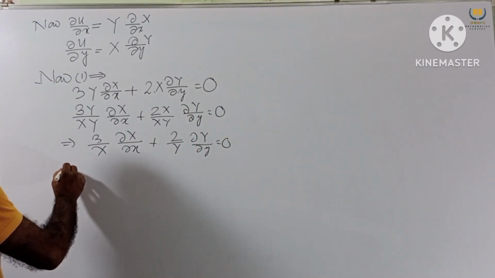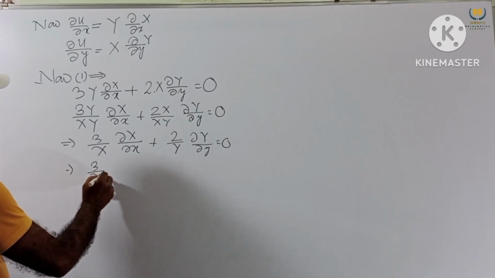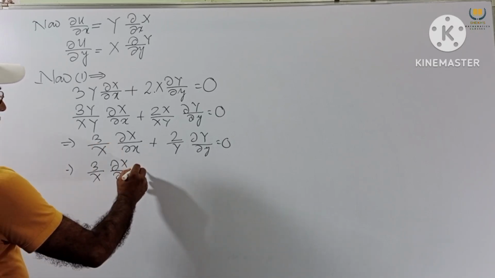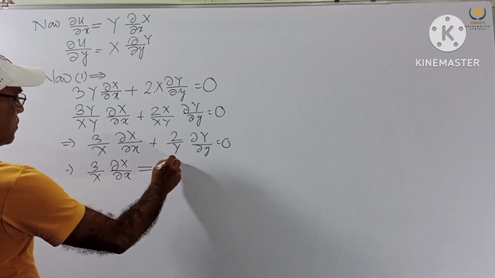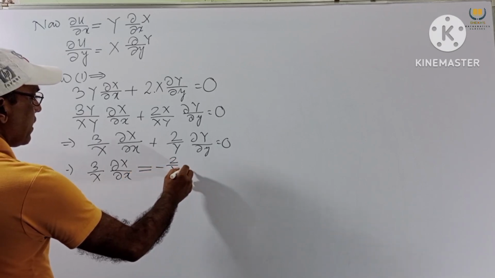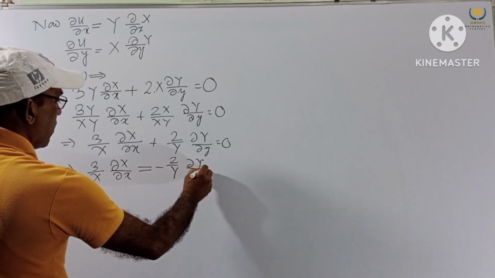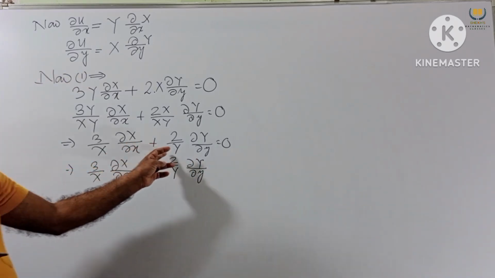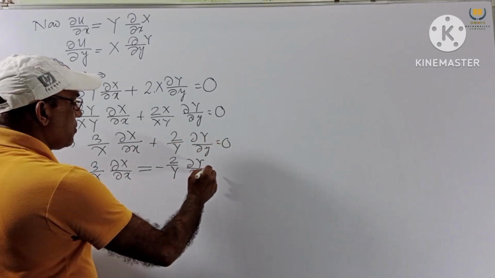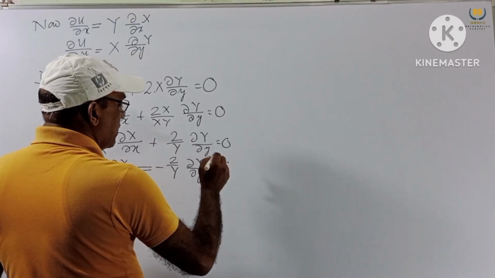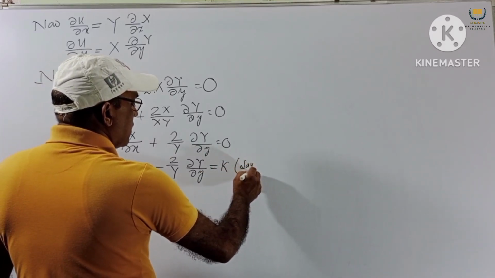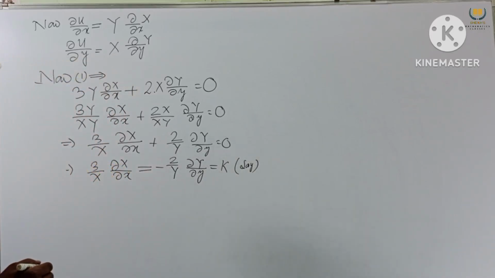Now this implies 3 by X del X equal to minus 2 by Y del Y. Taking the right-hand side, you get this, and this equals k. So we consider this is k.